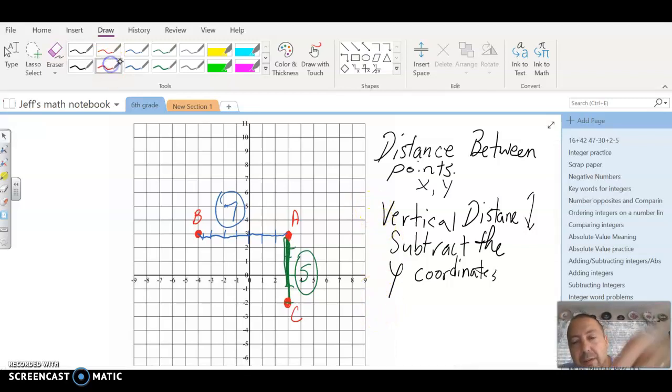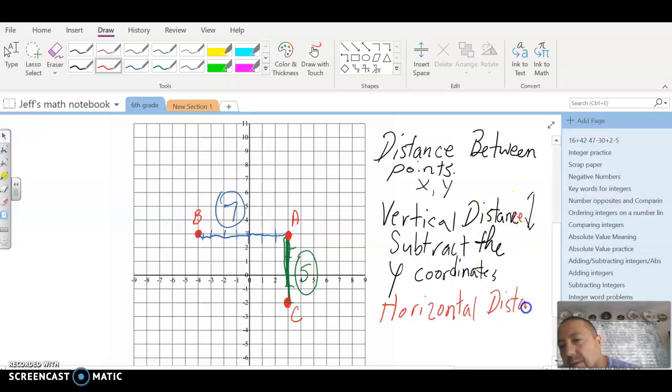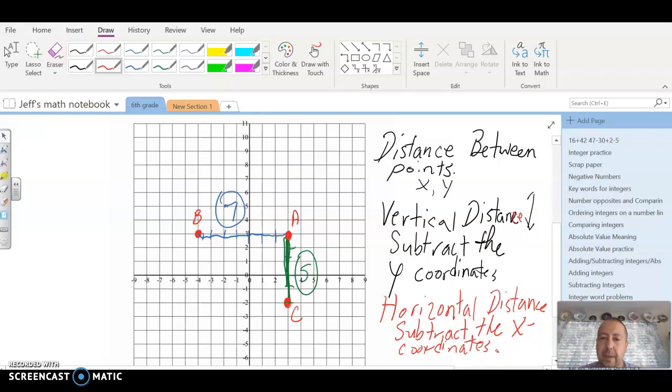If it's a horizontal distance, then we subtract the x coordinates. So that's the distance between points on a coordinate plane.